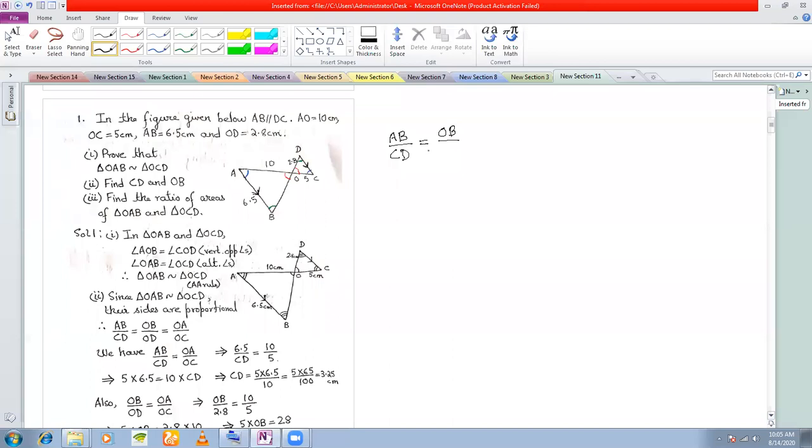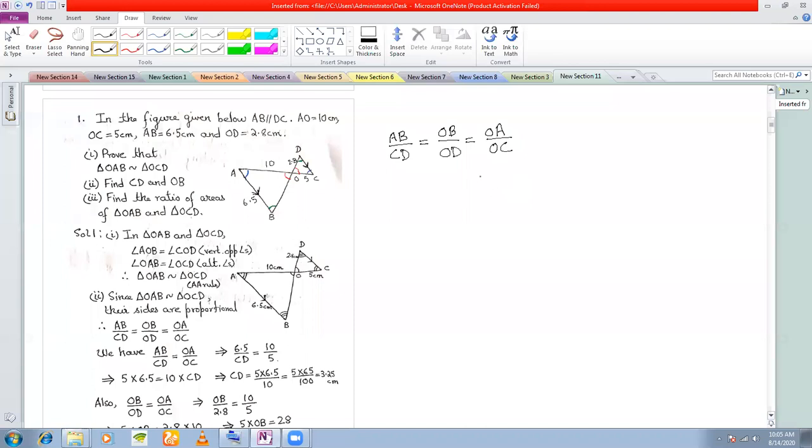And in the smaller triangle, opposite to the blue angle is the side OD. Again, opposite to the green angle in the bigger triangle is the side OA. And opposite to the green angle in the smaller triangle is the side OC. I've written the proportional sides.